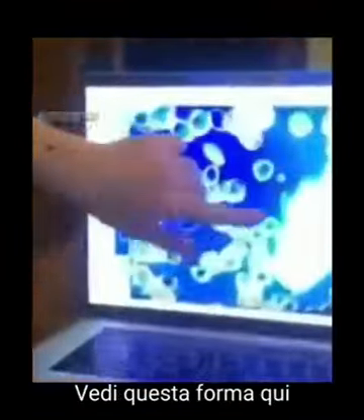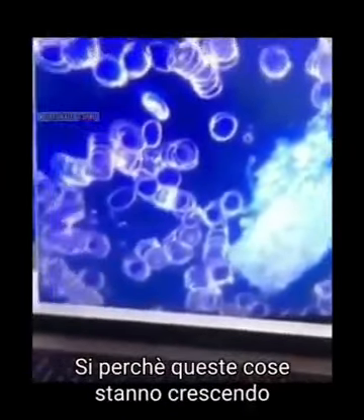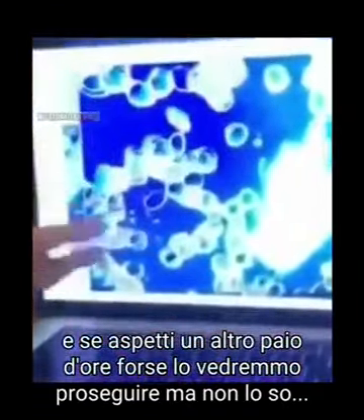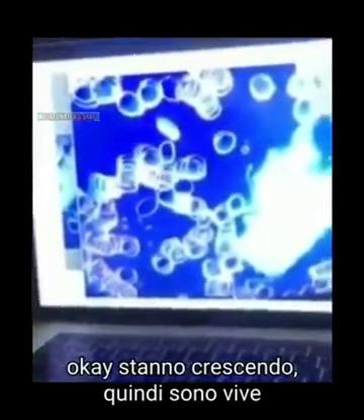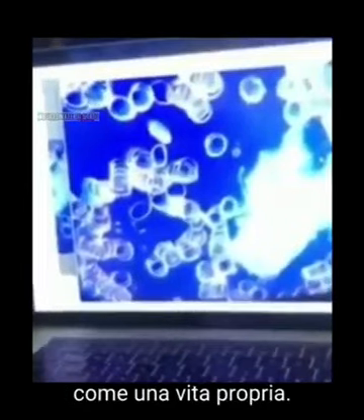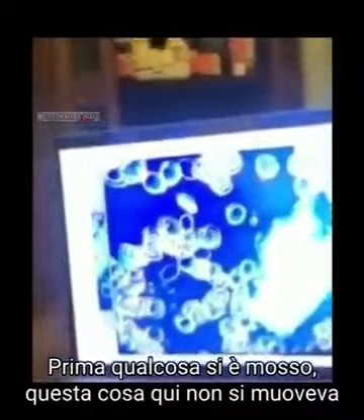Okay, what are we looking at? Yes, you see a similar thing. You see this thing with these growing things out of it. Growing? Yeah, because these things were growing. If you wait another couple of hours, there would be more. They were definitely growing. So they're alive. It's sort of got a life on its own. Definitely something alive. Was it moving live?